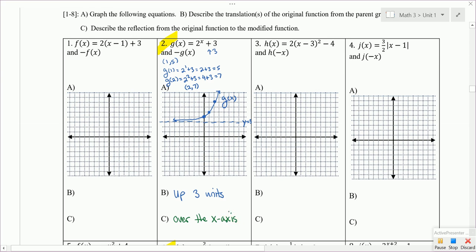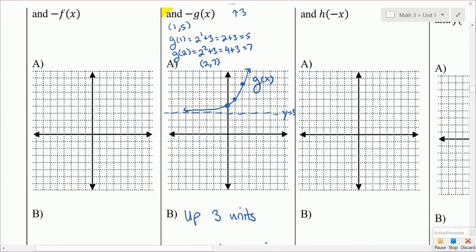So to reflect over the x-axis, you look at how far things are from the x-axis. So the horizontal asymptote is 3. So we're going to have a horizontal asymptote on the other side of the x-axis, 3 below. So one's 3 above, this one's 3 below.